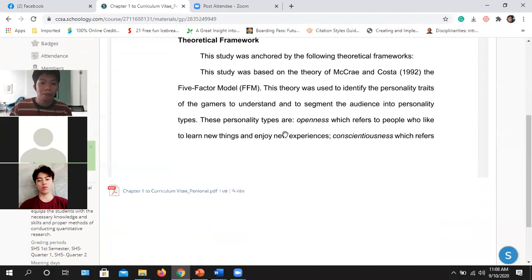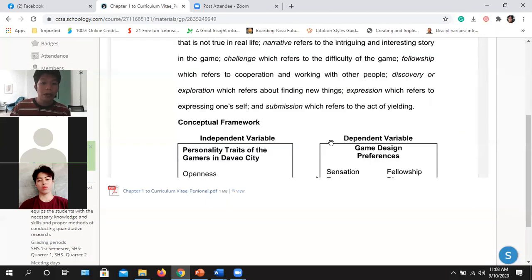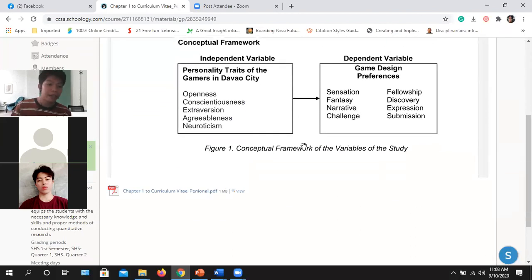Itong theoretical framework, it's the narrative of the theories that you're going to use. Pero ito namang conceptual framework, it's the paradigm or the model on how the variables or theories are connected. So it shows the possible relationship between or among the variables in your research.